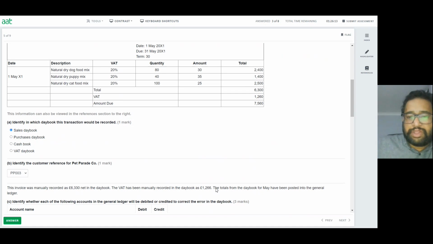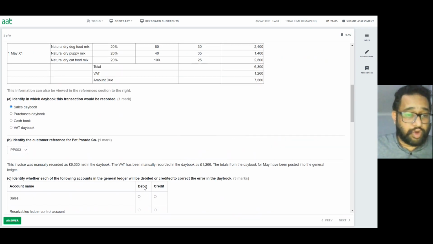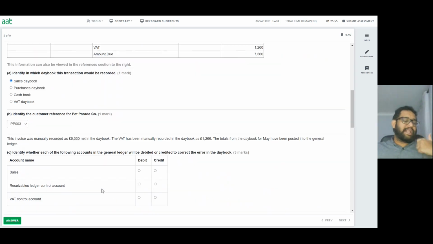Then the totals from the day book have been posted to the general ledger, so we have to assume all three entries are wrong. It is 30 pounds incorrect here, 6 pounds here. Therefore, the ledger control account will be incorrect by 36 pounds.